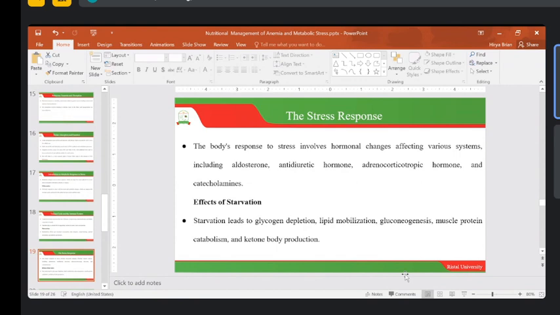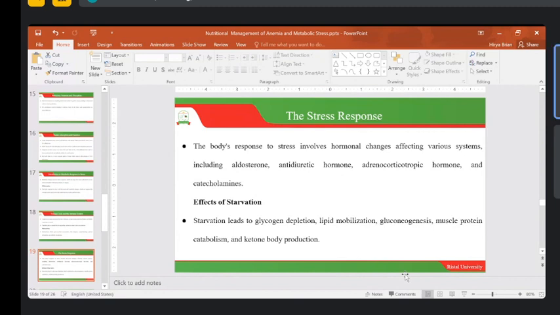Effects of starvation: we are looking at this leading to glycogen depletion. Remember that the storage form of glucose in the body really is glycogen. Then also lipid mobilization, then gluconeogenesis. Gluconeogenesis is still to do with breaking down of glycogen into glucose, and also muscle protein catabolism.